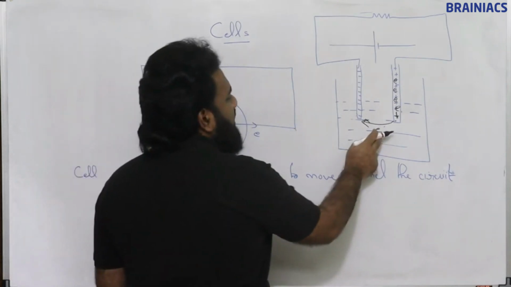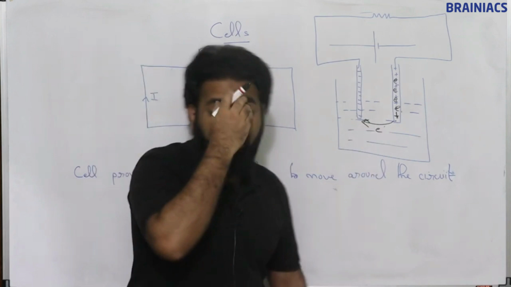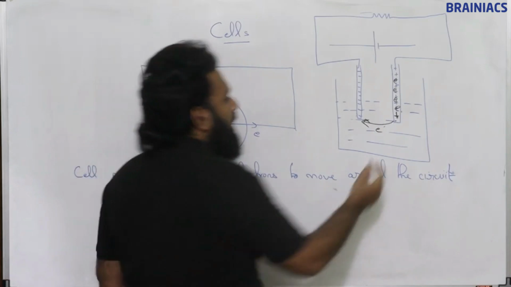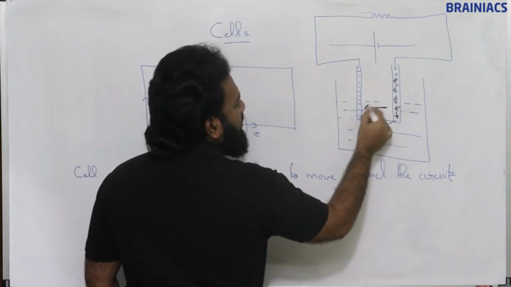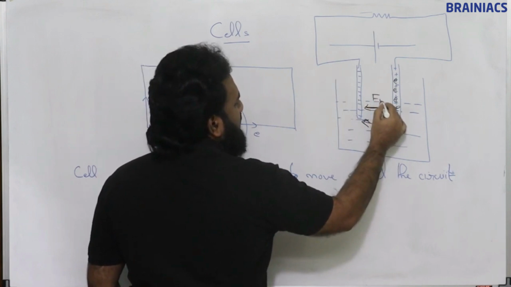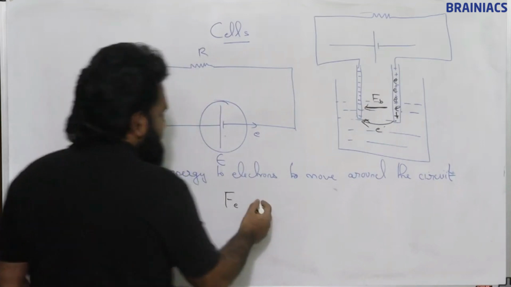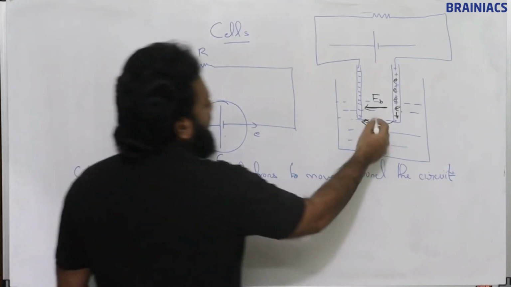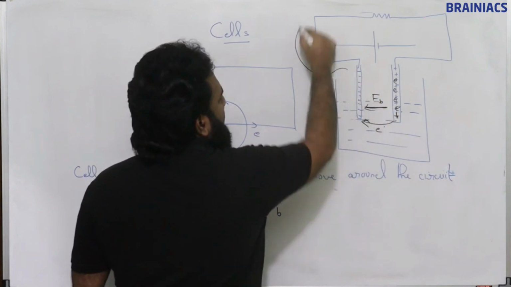But the redox reaction, oxidation and reduction, that is happening in the cell makes sure that these electrons will be coming from the positive electrode to the negative electrode. That is the force provided by the battery. When the force provided by the battery is more than F electrostatic, then electrons will be moving like this. So from here again this process will happen.